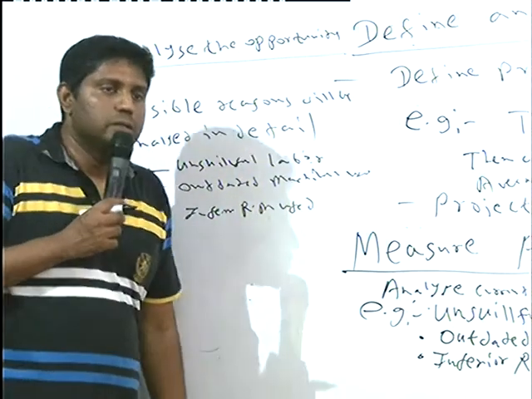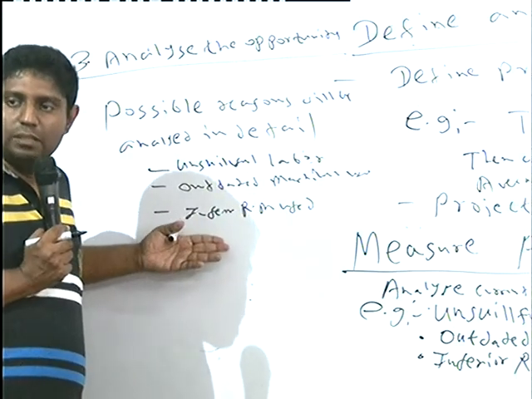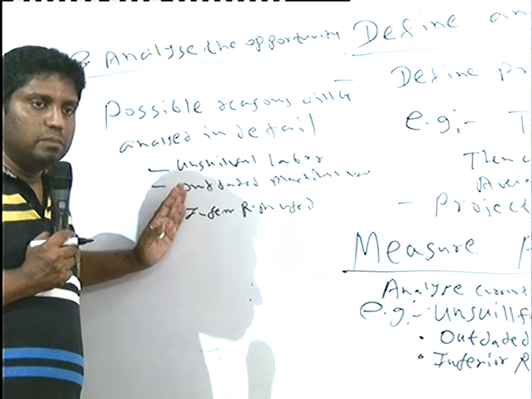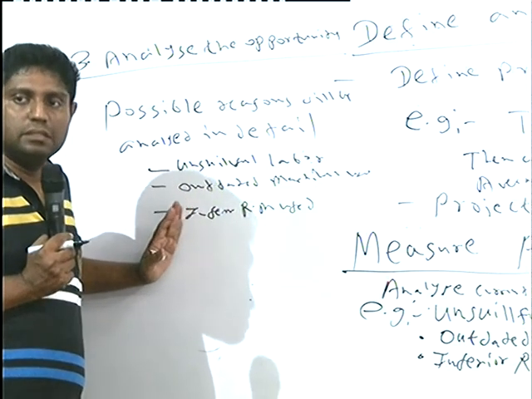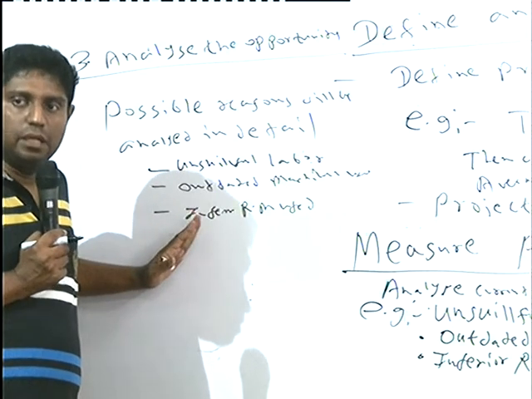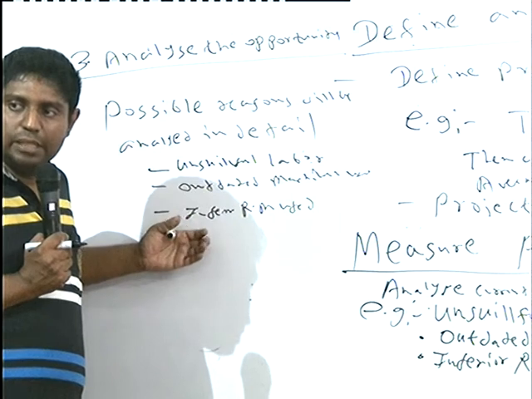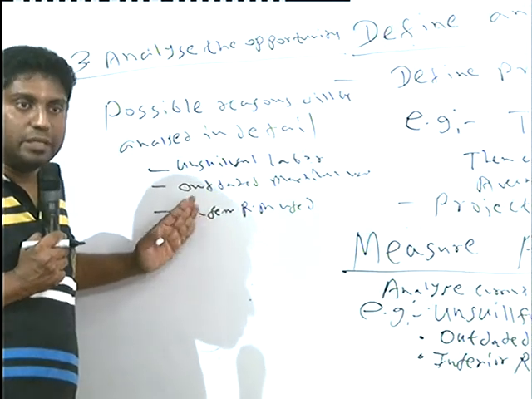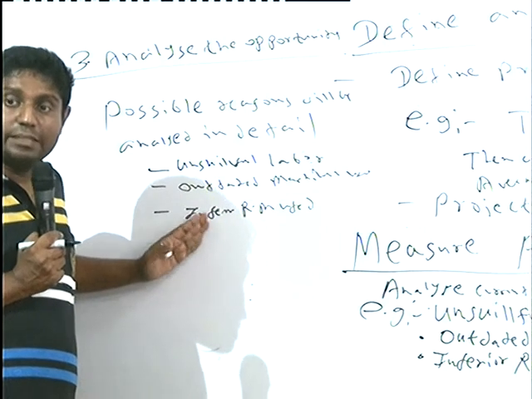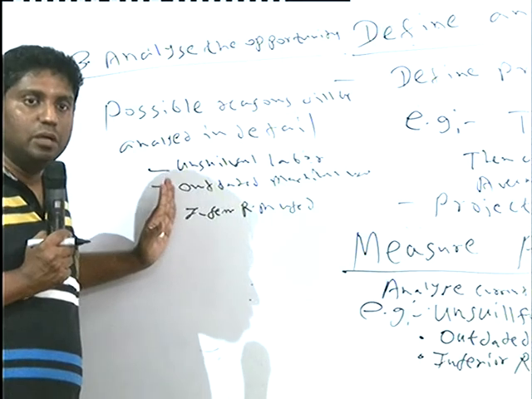Now, some of them, such as inferior raw material use, may have contributed. After evaluating these causes in detail, you will come to a final conclusion about the exact cause of this particular problem.